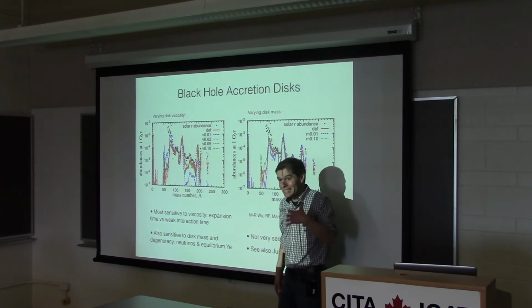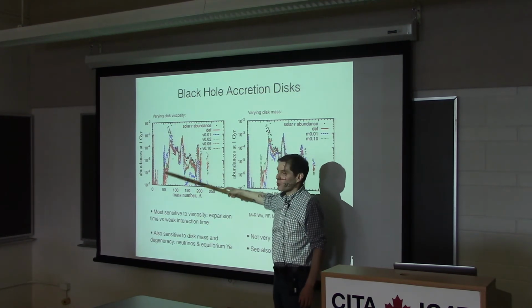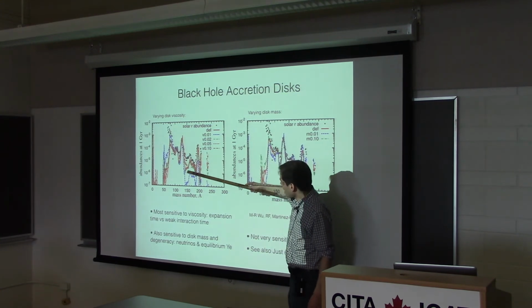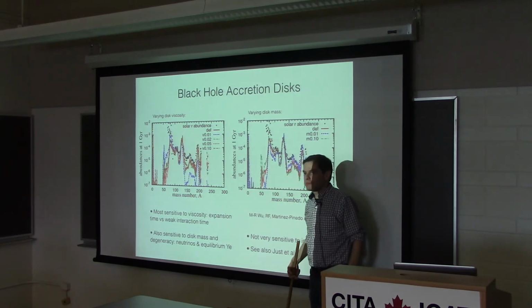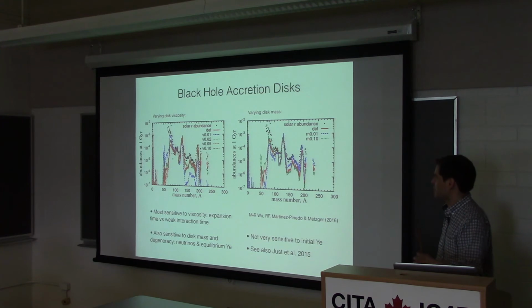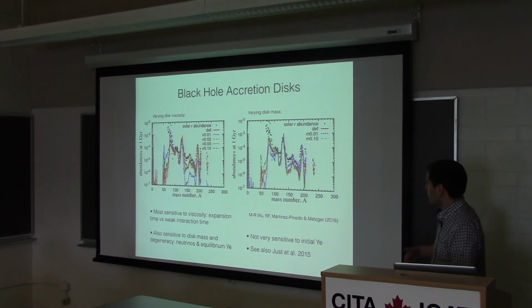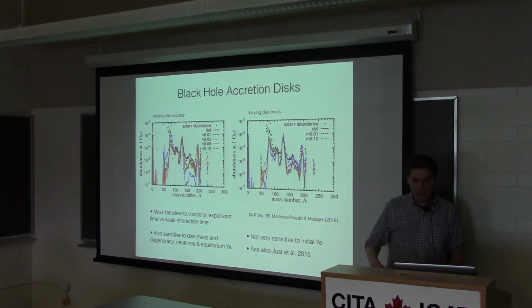Most of the studies of the disk ejecta show that light r-process elements are the primary product, with varying amounts of heavier r-process elements, that is, more than the 130 second peak, depending on various things such as the viscosity that one uses for the disk, or the mass of the disk that can change, say, the entropy or some other thermodynamic variables. But the composition of light r-process elements is pretty robust.